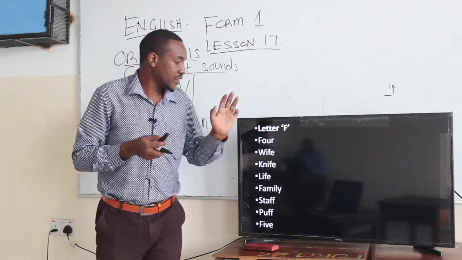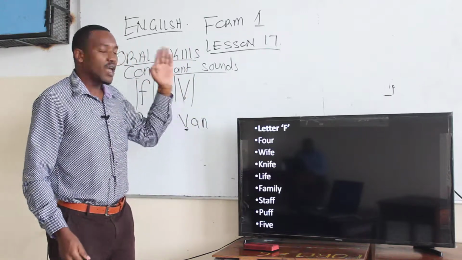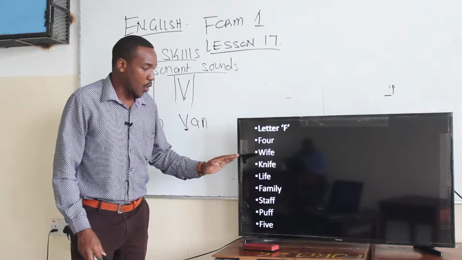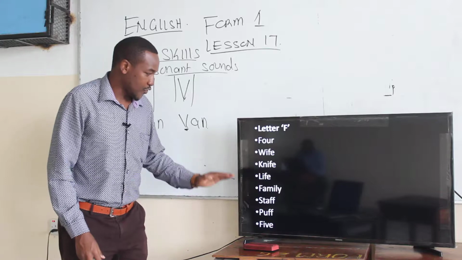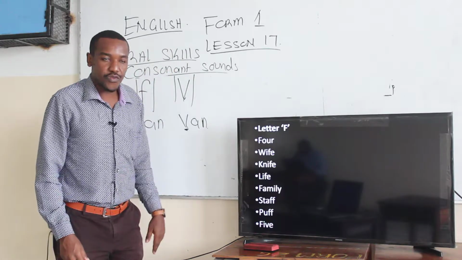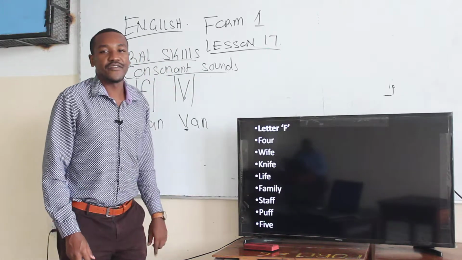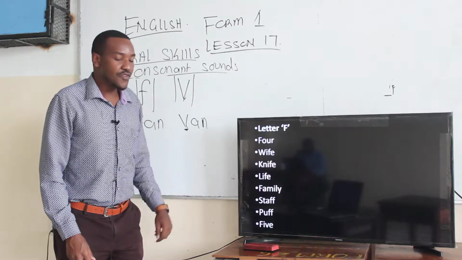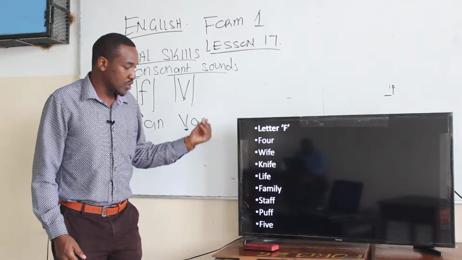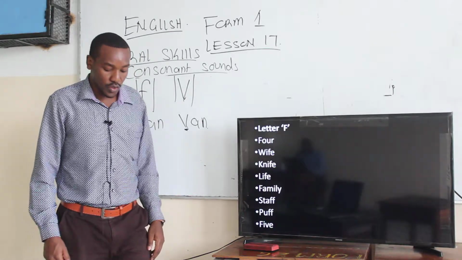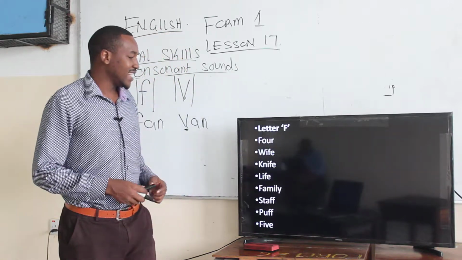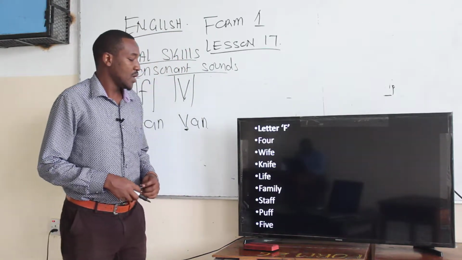Example, the F itself, like when you say for, wife, knife. Just be keen as we go through these letters; you can also identify the silent letters that are there.